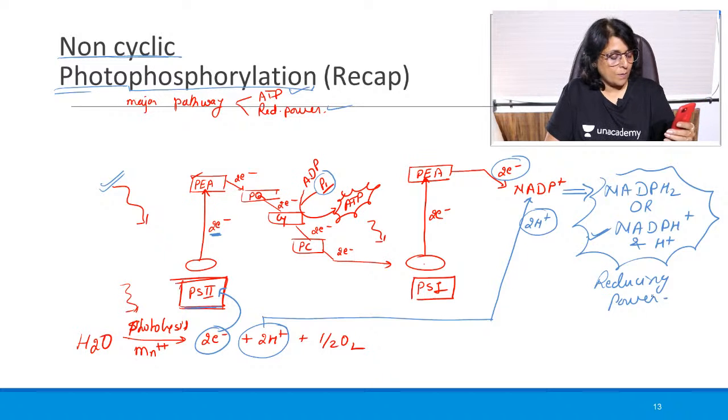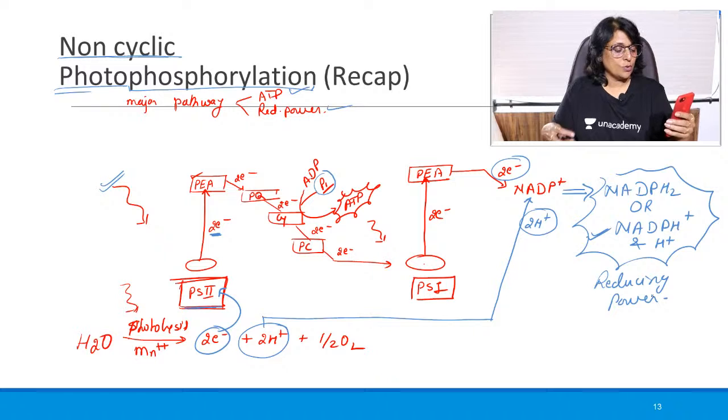We will be talking about the C4 cycle. The C3 cycle we will discuss in today's lecture. So C3 and C4 both have mesophyll cells, but in C3 the mesophyll cells have granal chloroplasts, and in case of C4 they have granal chloroplasts, but agranal chloroplasts are present in bundle sheath cells.